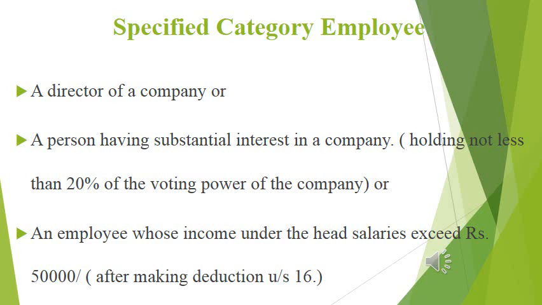That means holding not less than 20% of voting power or real owner of the company, etc. Then another category, an employee whose income under the head salary exceeds 50,000 per annum. Total salary under the head salary exceeds 50,000 after making all deductions under Section 16. These three categories of employees are called specified category of employees.